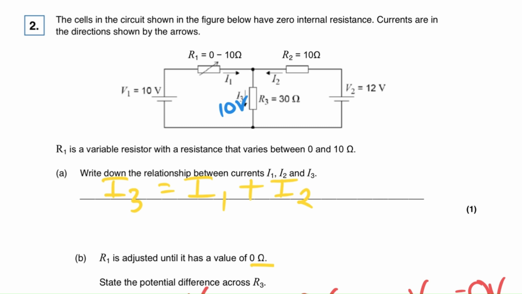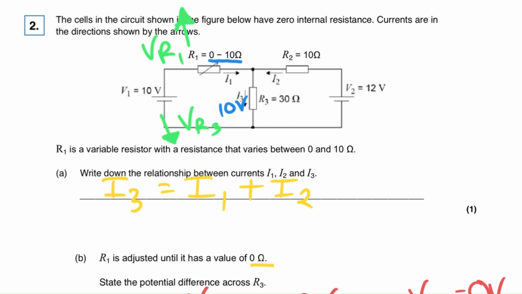So if you have 10 volts of PD across R3 and you increase R1 from 0 ohms to something, then more voltage or more PD will be dropped across R1. That will mean there's less energy left at R3, therefore less voltage will be dropped at R3.